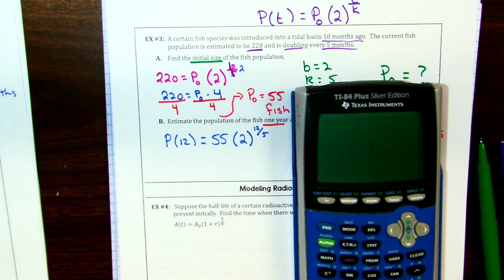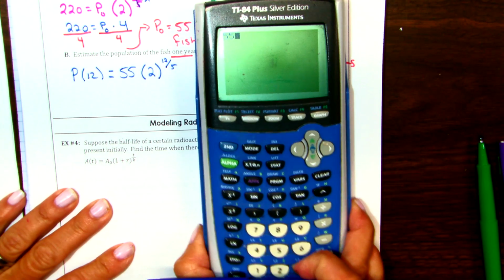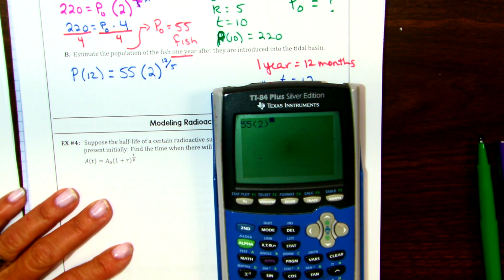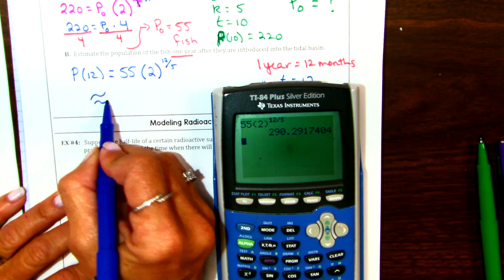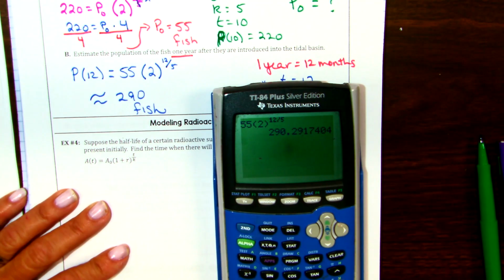I just put that right in my calculator. 55 times 2 to the power of 12 divided by 5, with parentheses. And that would be about 290 fish.